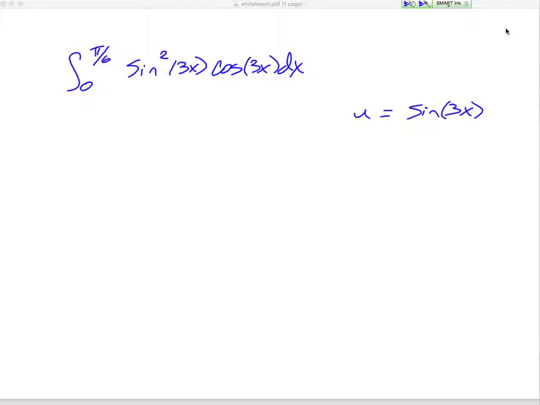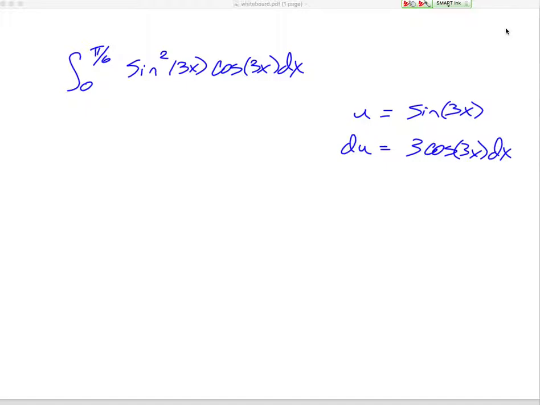And sometimes that's the hardest part, figuring out what your inside function is. All right, so I take my derivative. What would the derivative of this be? 3 cosine 3x dx. So now I need to make sure my derivative is there. Is all of my derivative there?